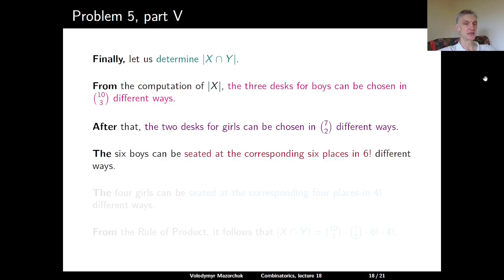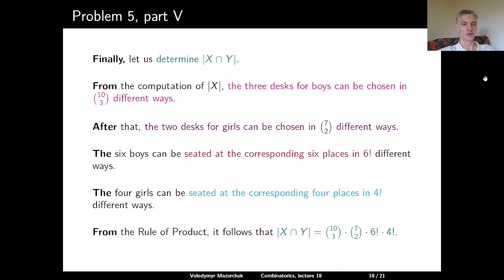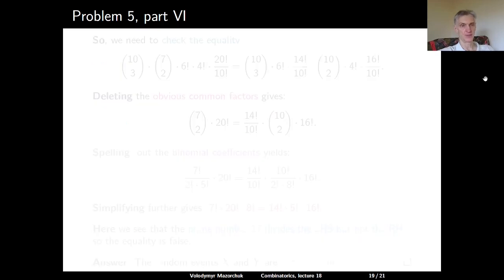We can place 6 boys at their seats in 6 factorial different ways, and we can place 4 girls at their seats in 4 factorial different ways. From the rule of product, it follows that the cardinality of the intersection of X and Y equals 10 choose 3 times 7 choose 2 times 6 factorial times 4 factorial.